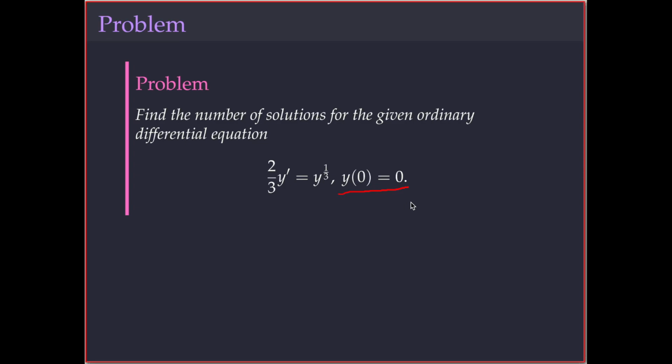So we have to find out the number of solutions of this differential equation. First of all, we have to see whether the solution exists or not, and if it exists, whether it's unique or not. And for that, there is a very famous theorem, the existence and uniqueness theorem.